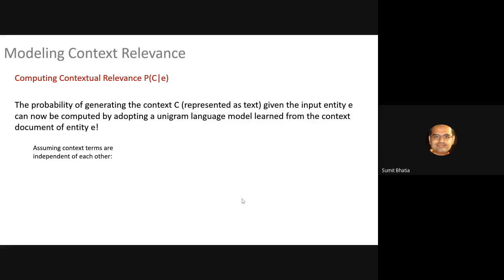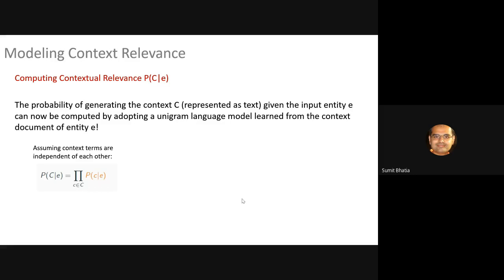That is, the context C consists of multiple terms, and we assume that each term appears independently of the other terms in the context. This is the standard naive Bayes term independence assumption. Then the probability of the whole context being generated by the entity reduces to the product of the probabilities of the individual context terms generated by the entity.